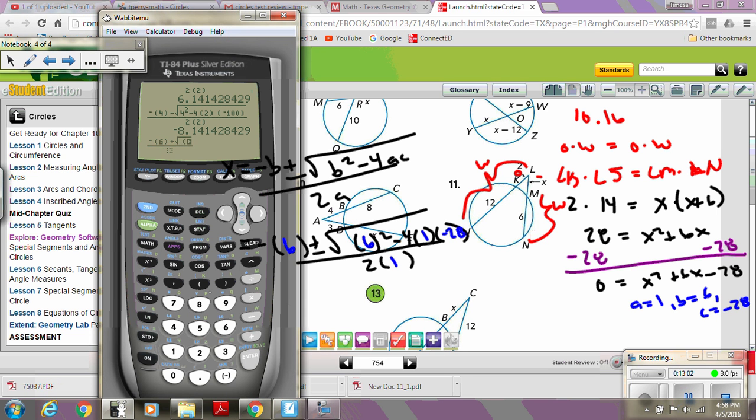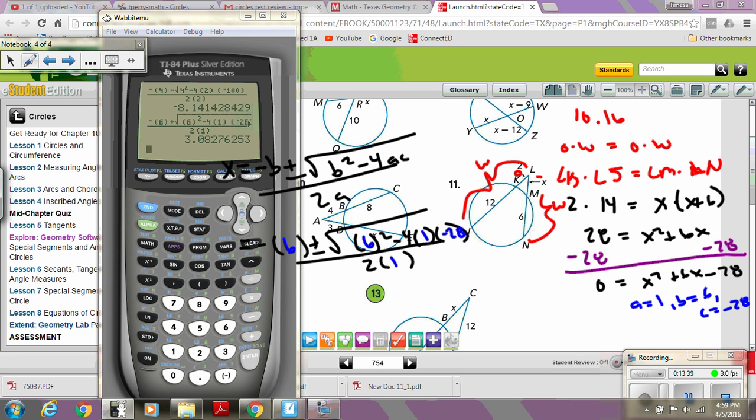We're going to open our parentheses again, put 6, close our parentheses, square it, hit the minus sign, 4, open parentheses, type 1, close parentheses, open parentheses, type negative 28, close parentheses, drop down to the denominator. We're going to type 2, open parentheses, times 1, and hit enter.